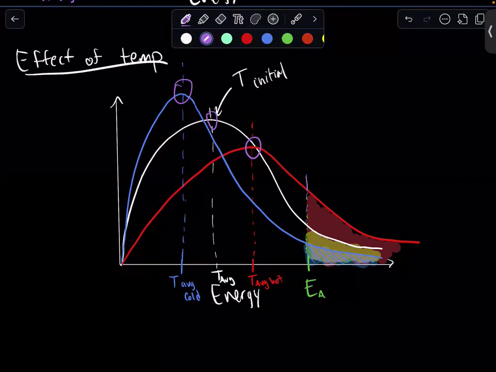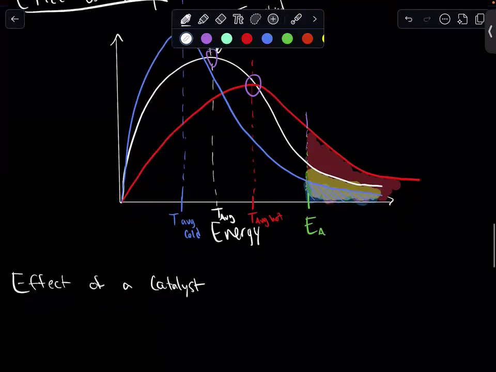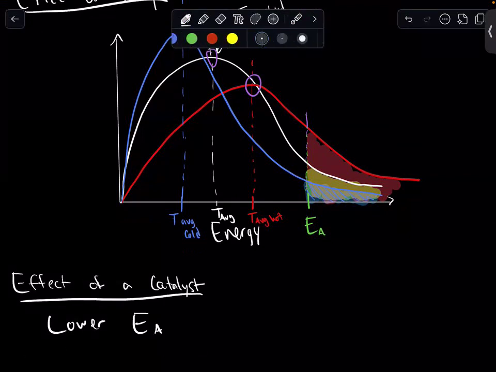So the other thing that affects our Maxwell-Boltzmann is the effect of a catalyst. And we know that catalysts, their main job is to lower EA. So if we throw a catalyst in this mix, we can put it right here with a catalyst.